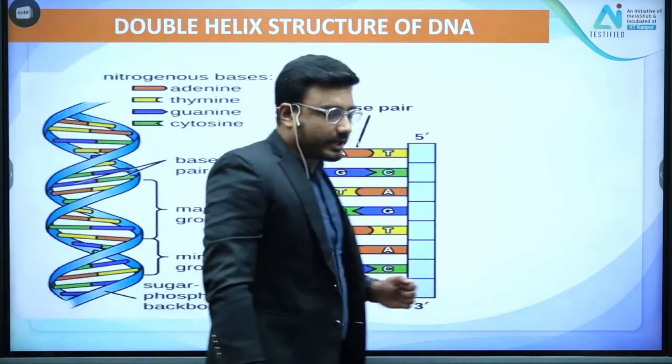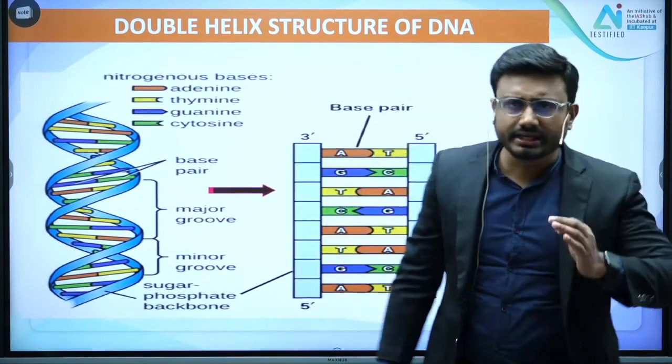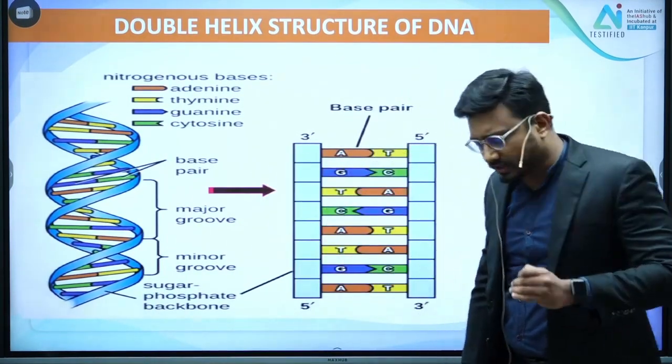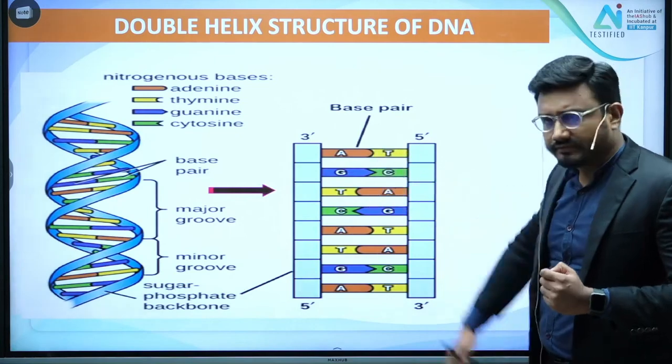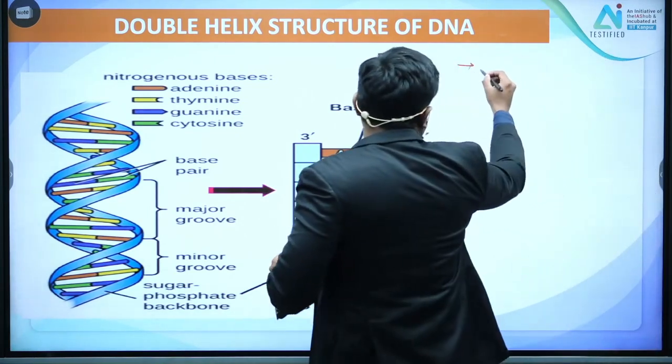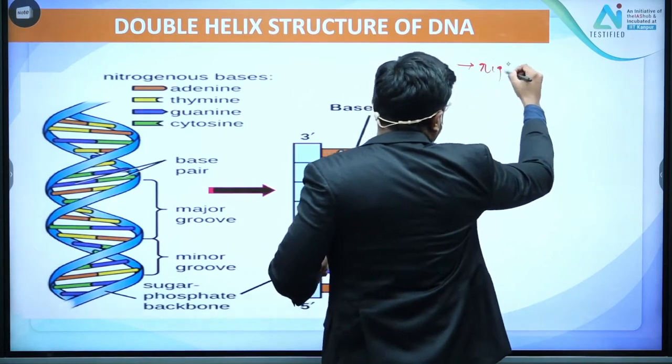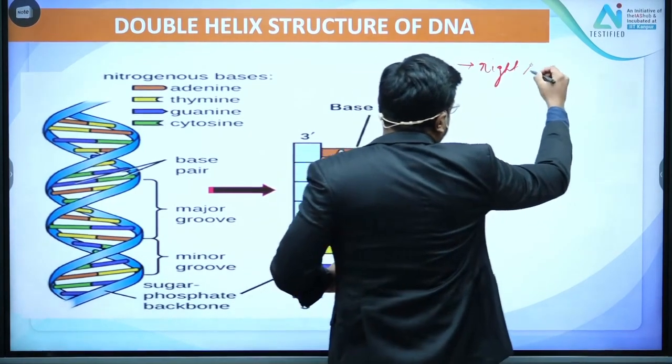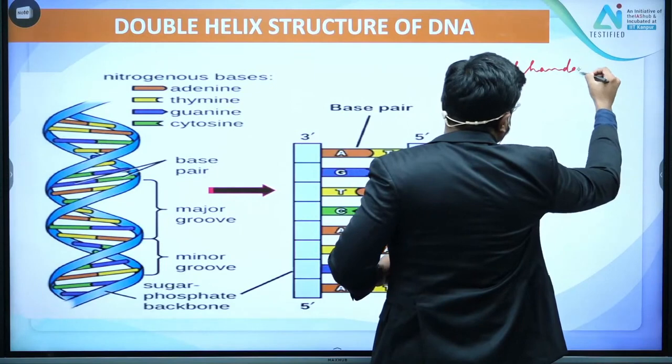It is very important now to discuss the salient features of the double helix model of DNA. The first main feature is that both the strands of the DNA are arranged in a right-handed coiled manner.